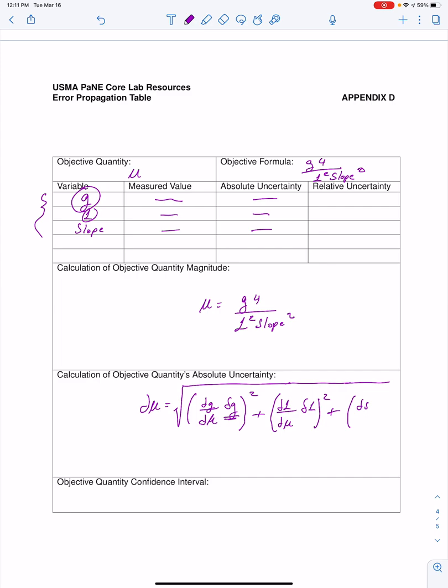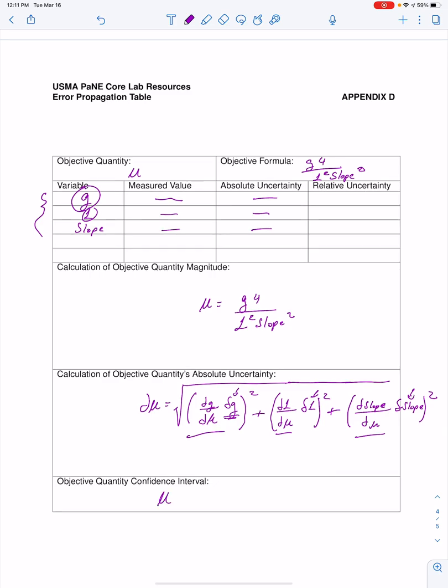So that has to be included. Slope is right here. And voila. Make sure that you do your partial derivatives on each of these, and make sure that you include the absolute uncertainties for acceleration due to gravity, the length, and the slope. And then make sure that you add your plus or minus.